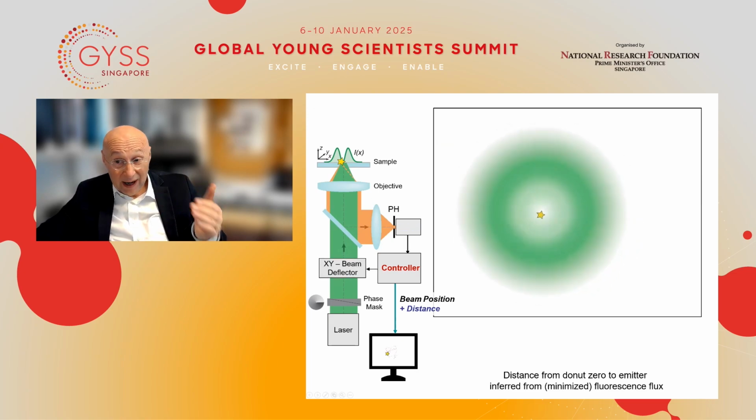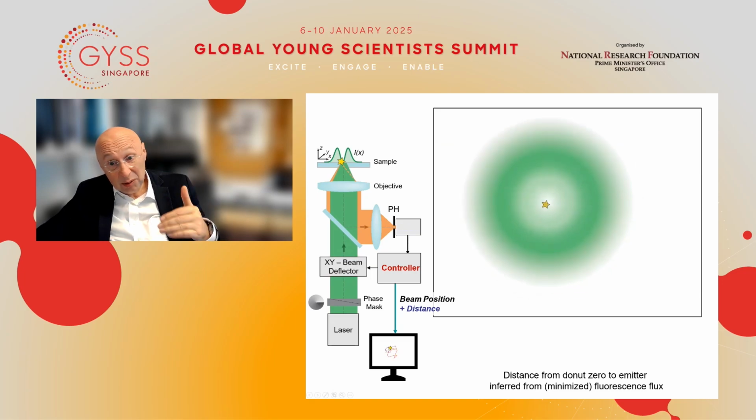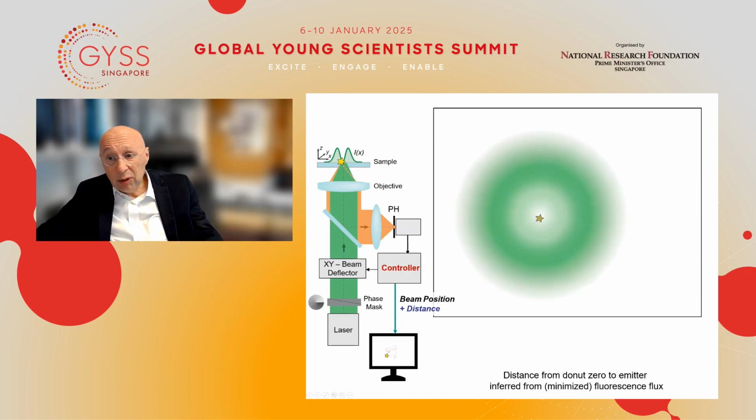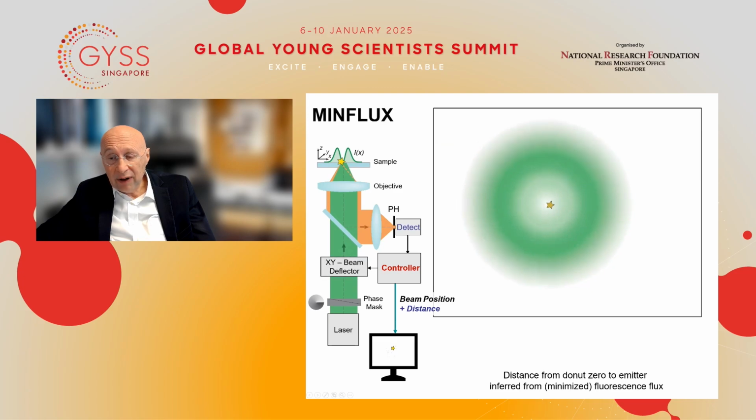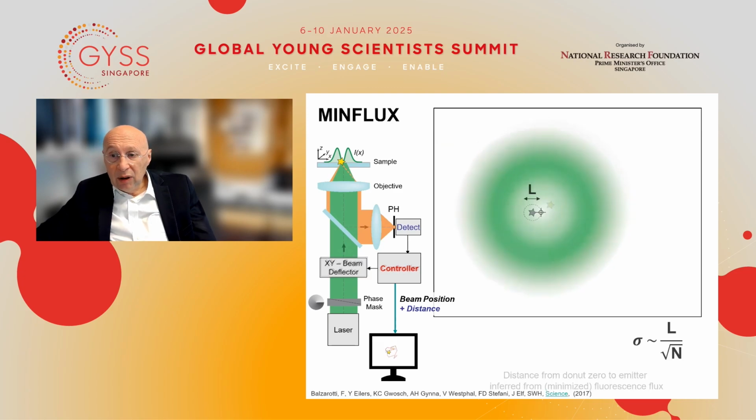And because of that, we are faster, because we don't need so many photons, we don't have to wait so long. And then the molecular dipole orientation effect is also ameliorated by far. And if you go down through the mathematics, then you find that the precision, of course, scales again with the square root of the number of detected photons.